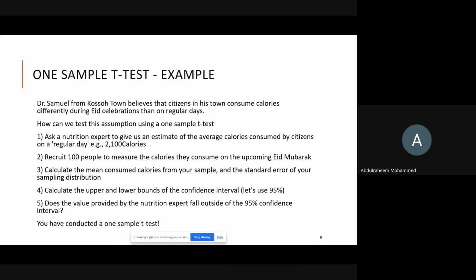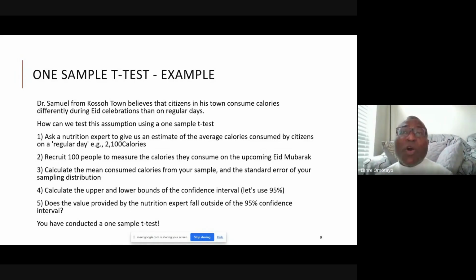So the mean for those people, what would we call it? It is what we call the point estimate, right? Say, okay, we get these 100 people. The mean calorie consumption for these 100 people is 1,600 calories on each day.